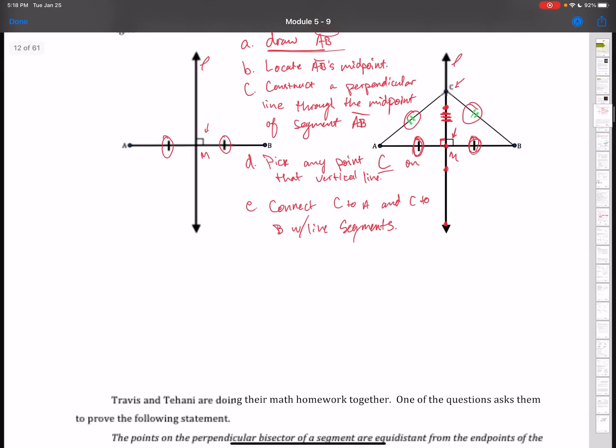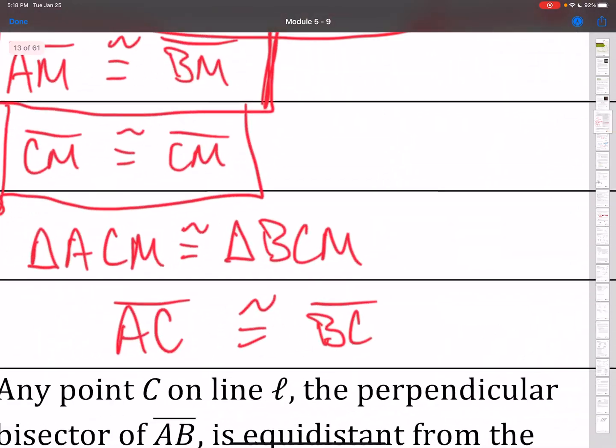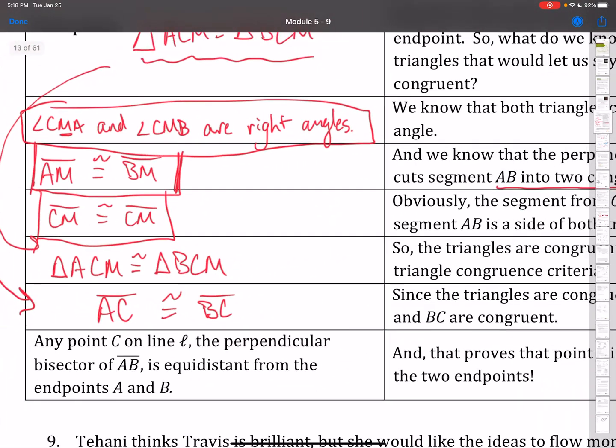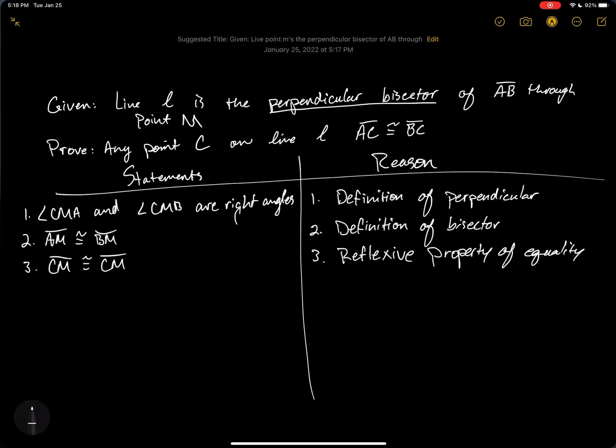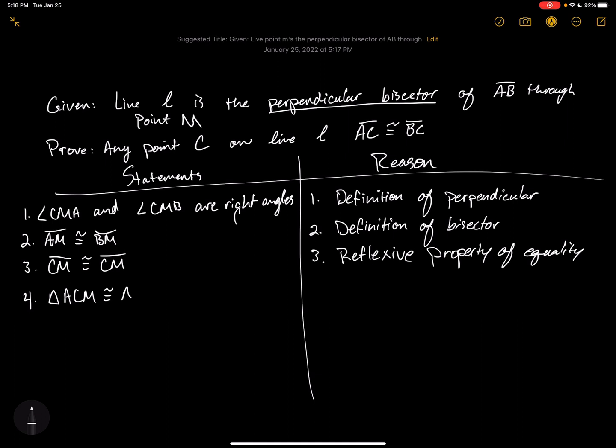So we can go back down here and say triangle ACM is congruent to triangle BCM because of that side angle side conjecture. Rather than writing out side angle side, we can use the abbreviated version, SAS.